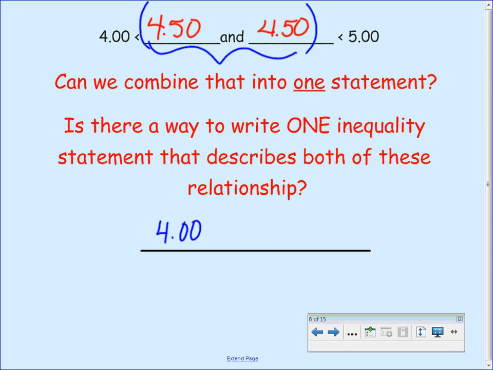So that $4 is less than $4.50, which is less than $5. Can I do that? I can totally do that. I can have two inequality symbols in one statement. If you want to write that statement below 1C or off to the margin, you can. But we're going to look at that more closely in the next part of your notes.